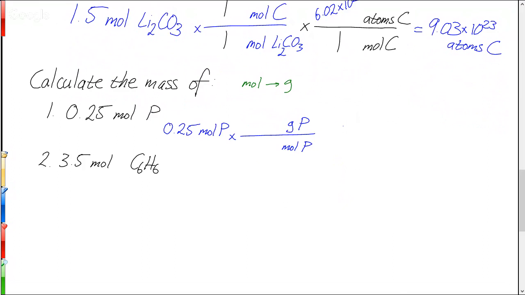So that's that number, and we'll just stick to whole numbers here, 2 significant figures. So 31 grams per mole is what the periodic table tells us. And now I do have a calculator, so 0.25 times 31 is 7.75, or we could just say 7.8.